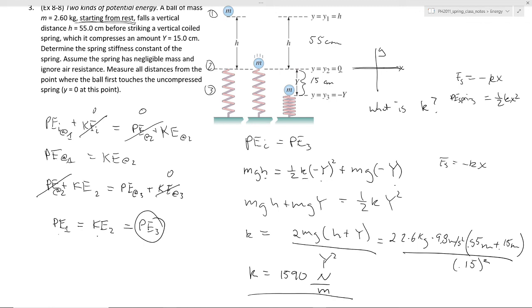Let's see. Why did you pick mgy for PE3? So that is the piece that's due to gravity. I think that is what you're asking about, Evan. So this potential energy 3 is really both of these pieces.